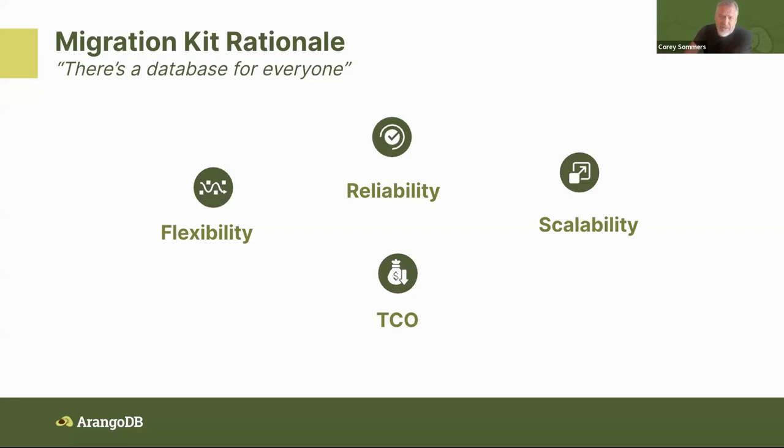Scalability, really critical. When I talk about scalability, I'm talking about seamless scalability. In other words, as you add data, can it automatically be striped across all the nodes? Especially horizontal scaling. And you don't have to do manual intervention to restripe the data and things like that.